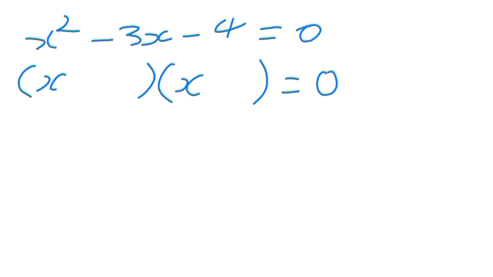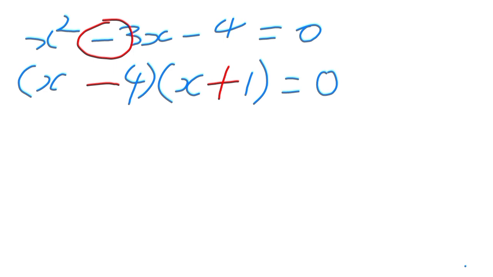But the signs, how do you get to the signs, good people? You look at the sign here in the middle, it's negative. So if it's negative, that means our bigger number has to be negative. So that 4 will be negative here because we have to get a negative answer there. So our 1 would be positive here.